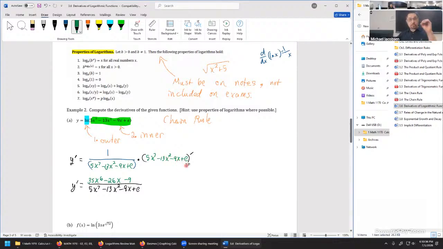E is a constant, so it goes to 0. There's no x there on that last term. And that's the whole punchline. Whatever's inside the logarithm just gets thrown under the bus. It's down in the denominator. And you differentiate whatever it was, and that goes up into the numerator. So whenever you see a function like the one in part A, that's really all we have to do with it.